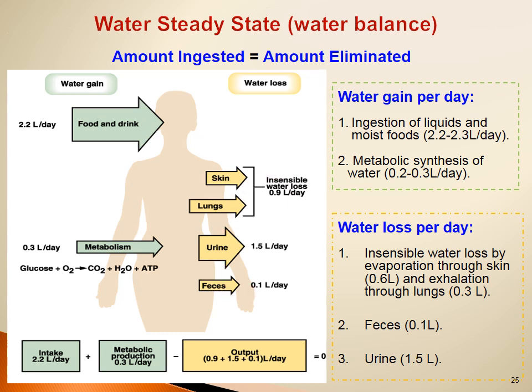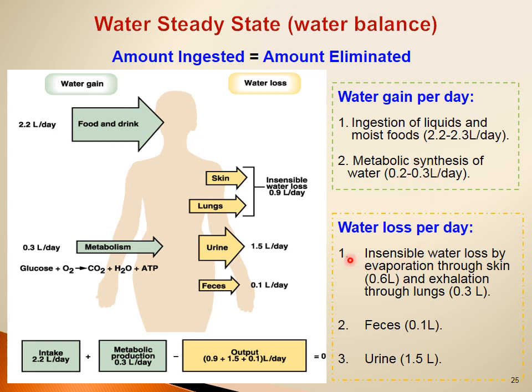So 2.5 liters of water gained is equal to the 2.5 liters of water that is lost via different mechanisms. So water gain per day: ingestion of liquid and moist food between 2.2 to 2.3 liters per day, and the metabolic synthesis of water about 0.3 liters per day.